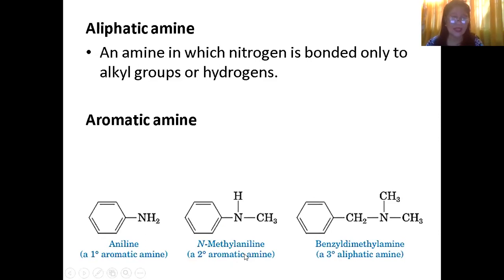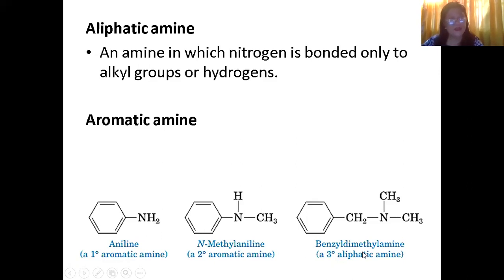Then we have the secondary aromatic amine, which is the N-methyl-aniline here. Now, it is secondary because one of your H is substituted with an alkyl group, a methyl. So how are you going to name it? That is N-methyl-aniline. Later on, we will look into how the naming of this works.